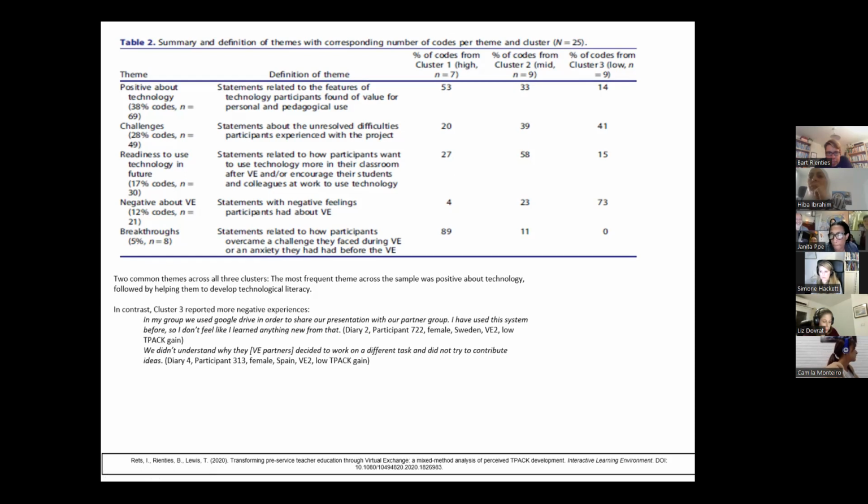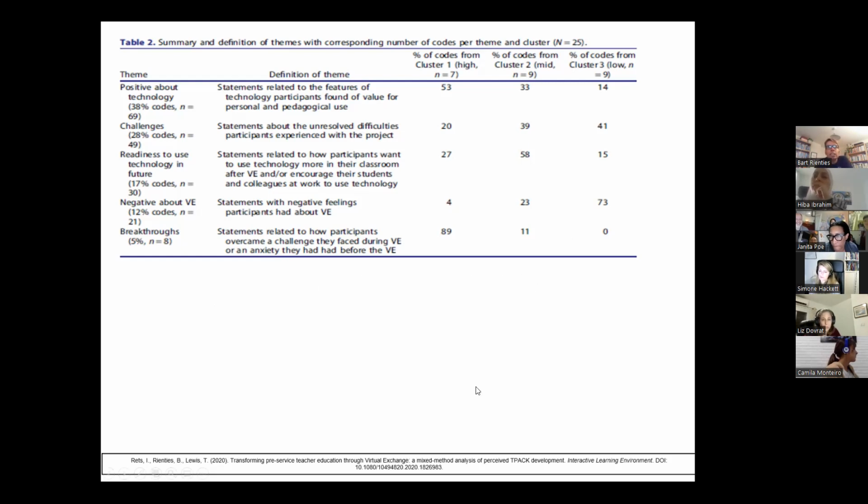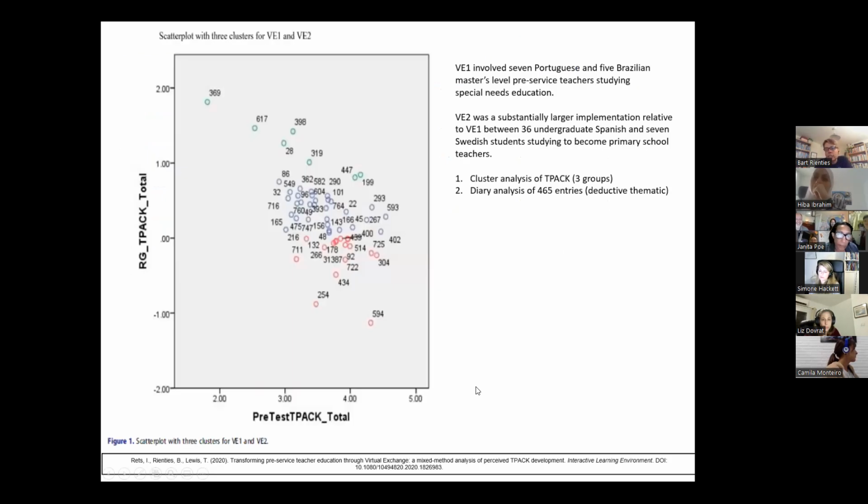And then how did you do the cluster analysis? So we basically looked at the actual quantitative data, the TPACK scores, the pre and post, and then in statistical programs like SPSS or R, it tries to fit and identify these 3 unique clusters based on the data that you provide.